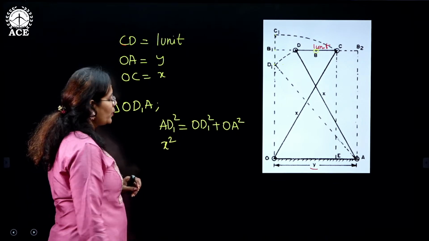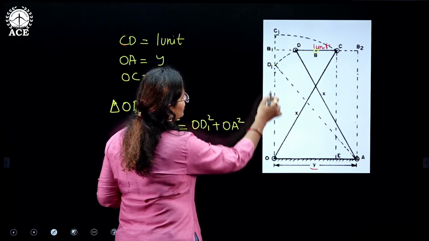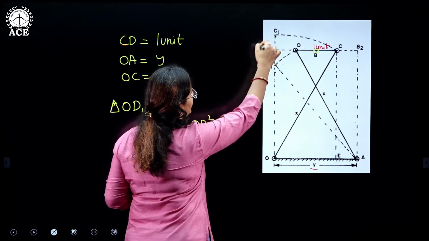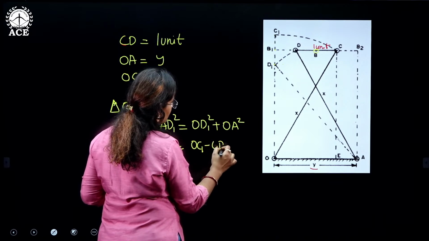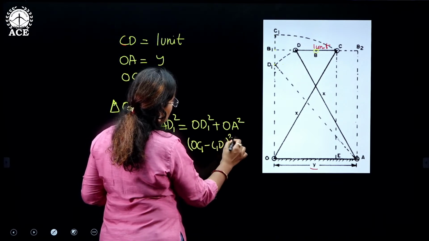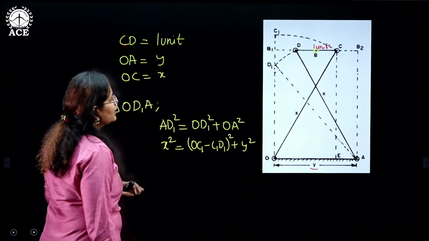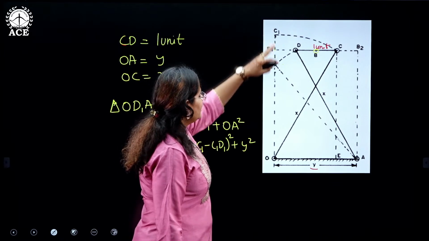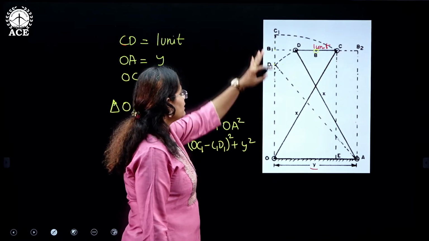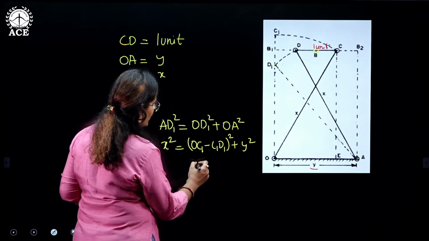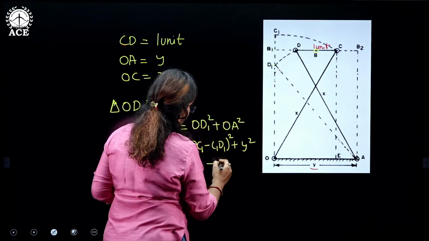So can I write x square is equal to OD1 square. Now OD1 can be written as OC1 minus C1D1, plus OA square, which is again y square. Now OC1 is again OC. Is it true? So OC1 is again OC, then C1D1 is nothing but CD.